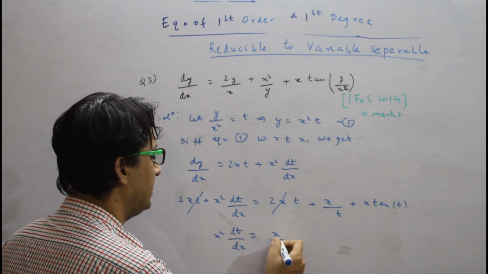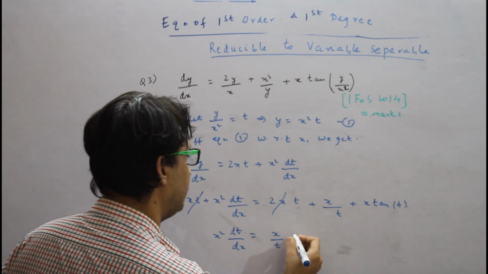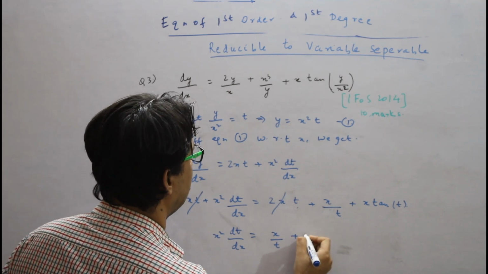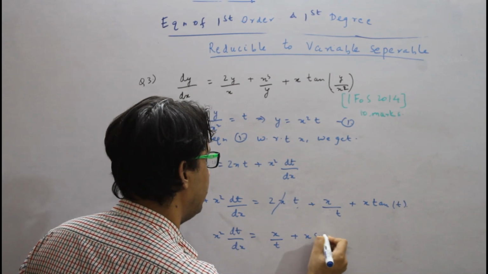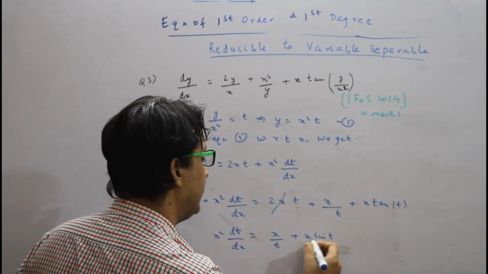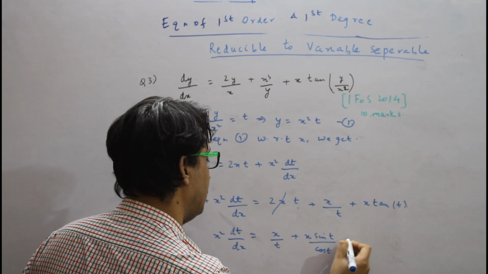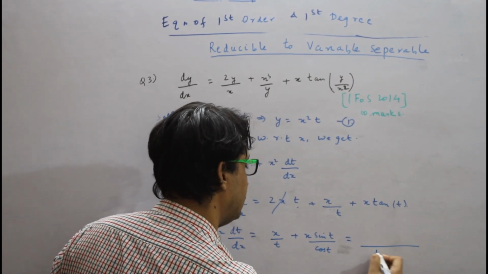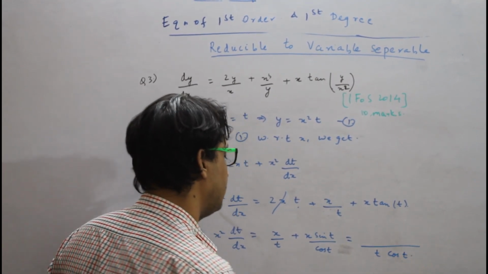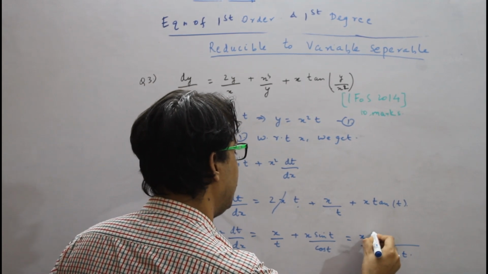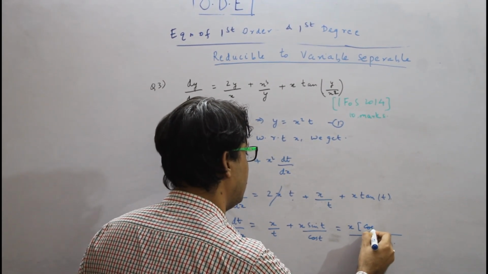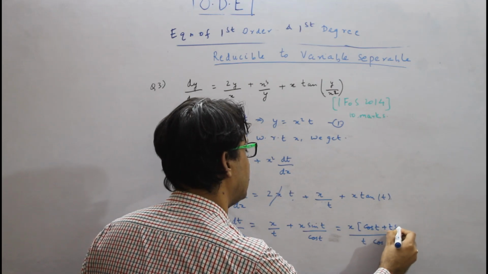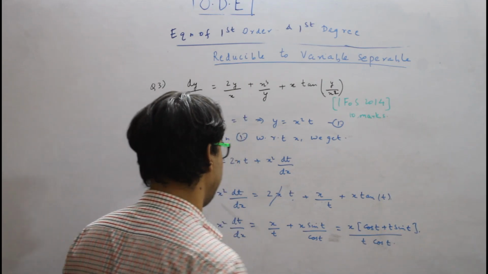So I can write it as x by t plus x by, I will further decompose tan t as sin t and cos t, and I will take the LCM, that is t cos t. Okay, and I can take x as common, so here I have to write cos of t and here t sin of t.